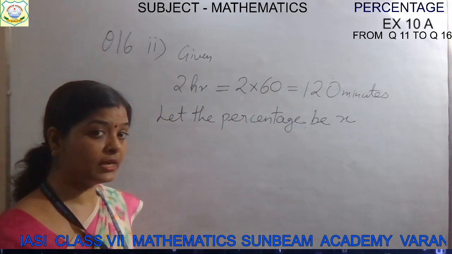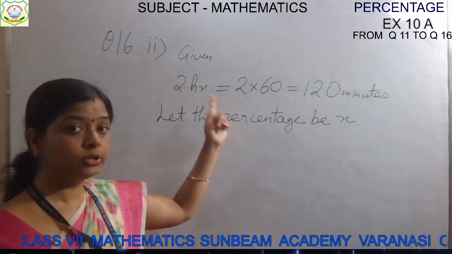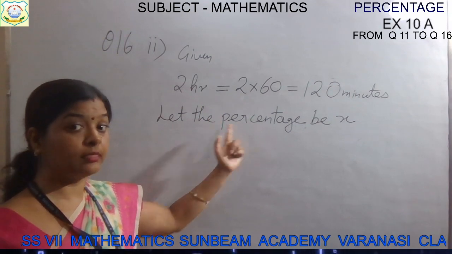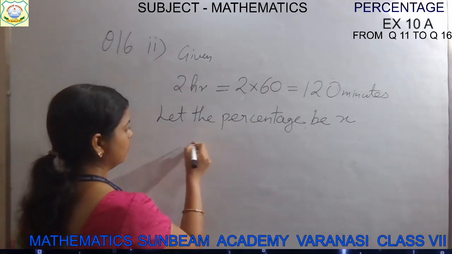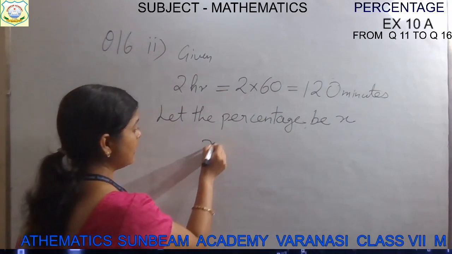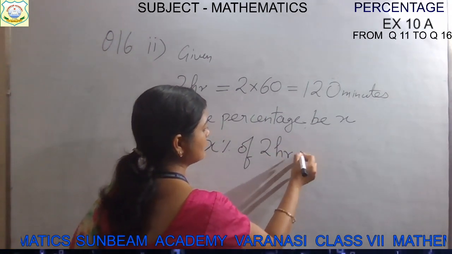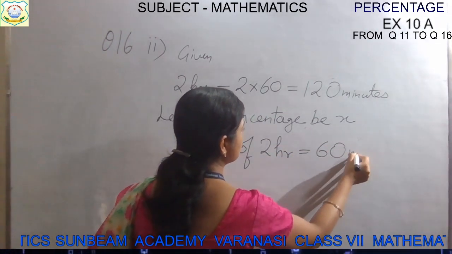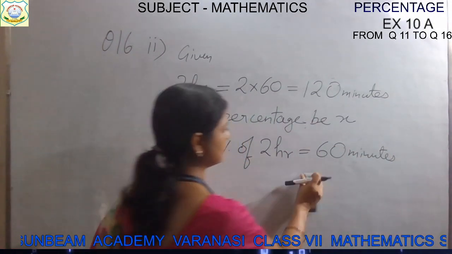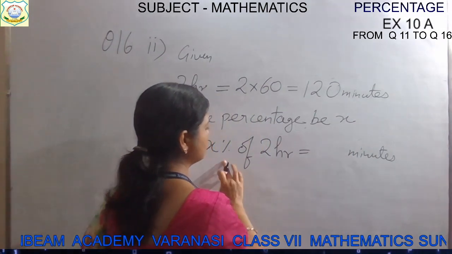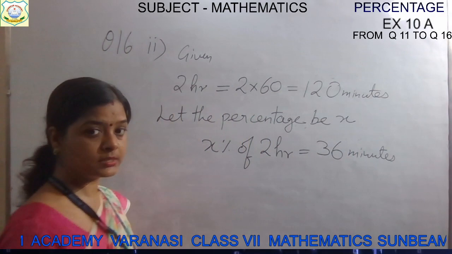The percentage which we have to find, that 36 minutes is how much percentage of 2 hours, let that percentage be x. Now x percentage of 2 hours is equal to, not 60 minutes, 36 minutes, children. What percentage of 2 hours is 36 minutes? This is the question.